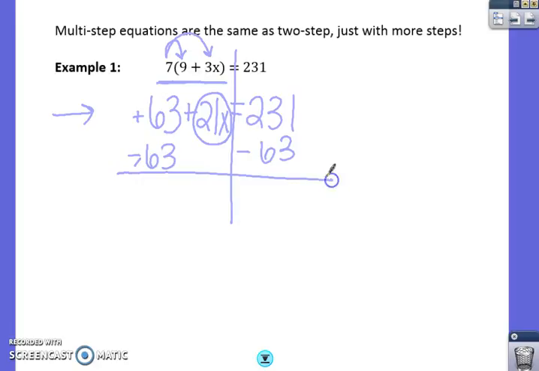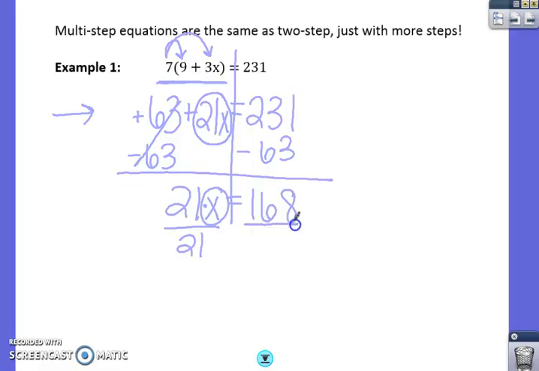If I draw my line, then I have 21x equals 231 minus 63, which is 168. One-step equation, I got to get x by itself. They are multiplying, so I have to divide. In the calculator, if you divide that by 21, you get 8.